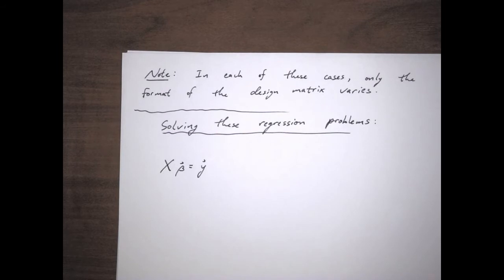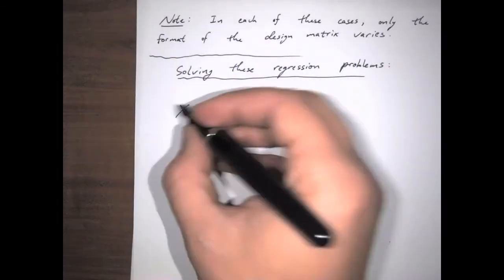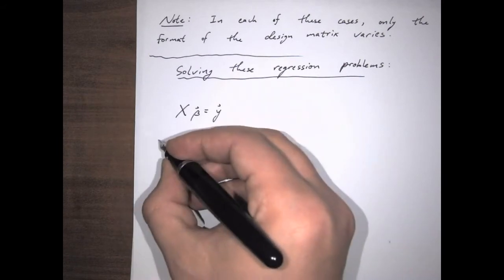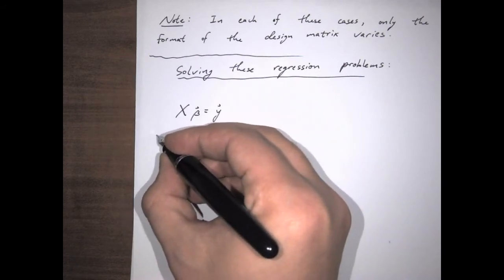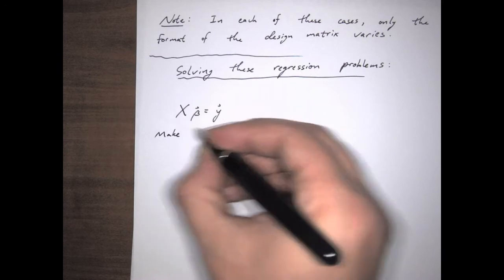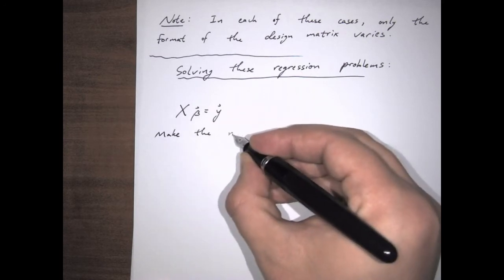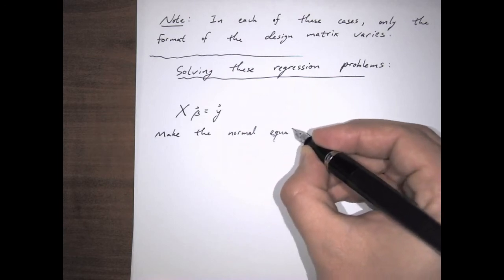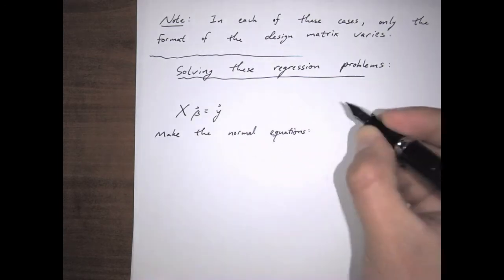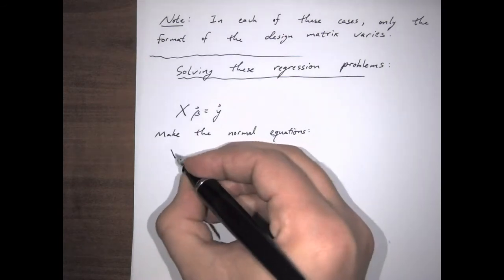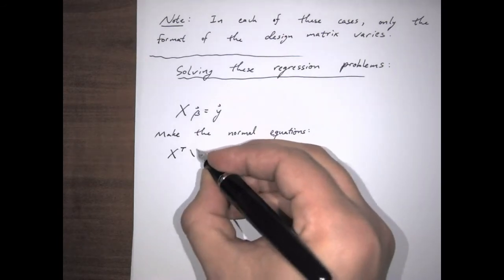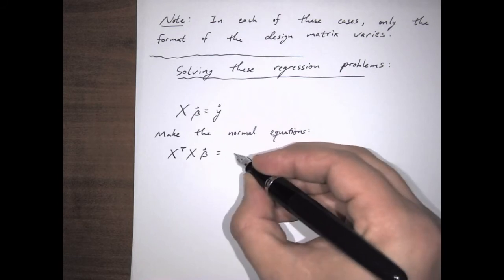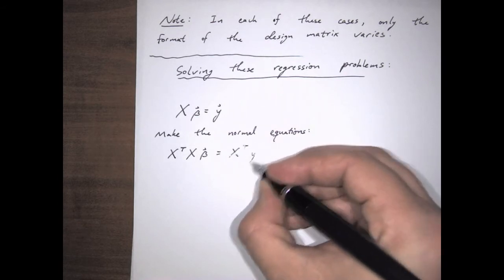And in fact, usually it won't be. So here, what we can do is set up the normal equations: X transpose X times beta is equal to X transpose y.